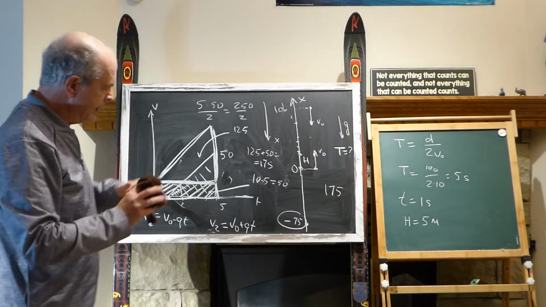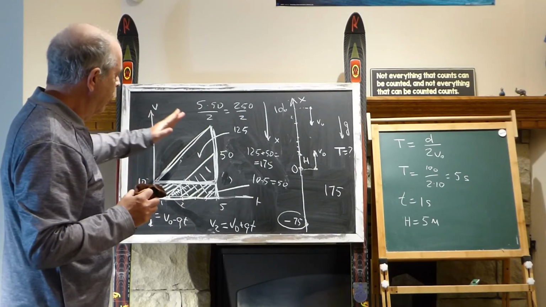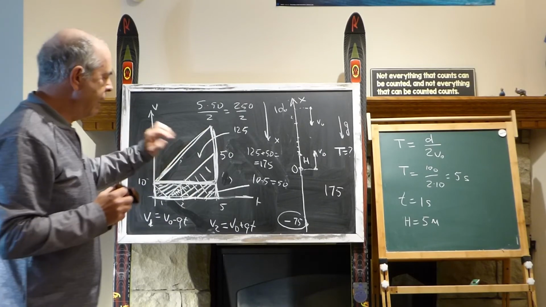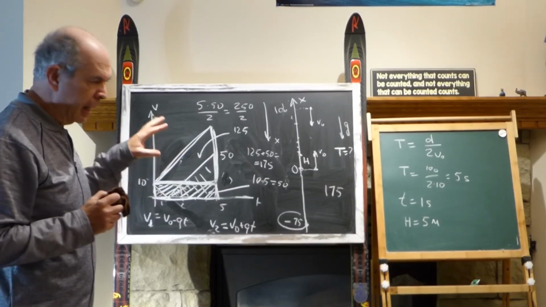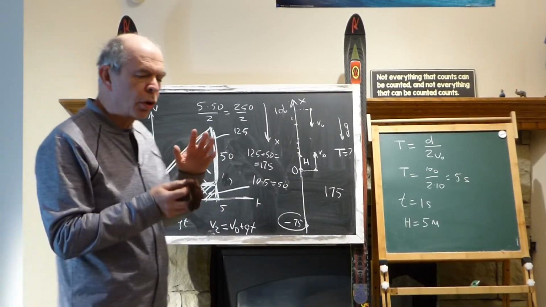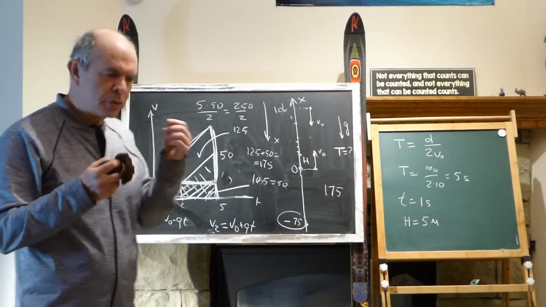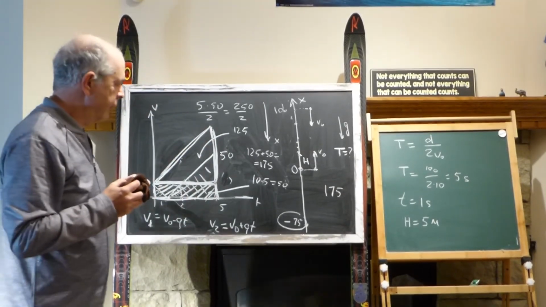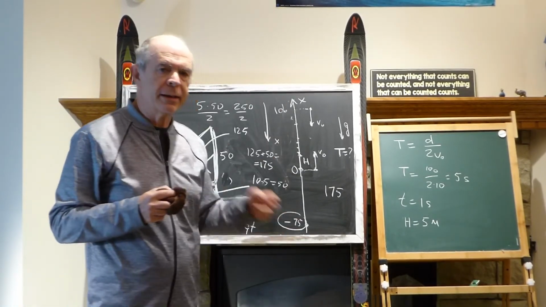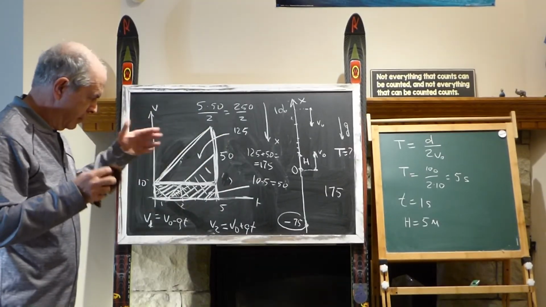solved this problem in another way, going through the graph of velocity and the area underneath the graph of velocity, and we have to be very careful because when we're calculating distance we only want to take a positive section of the graph, because we're not calculating the coordinate, we're calculating the change in position, the distance.